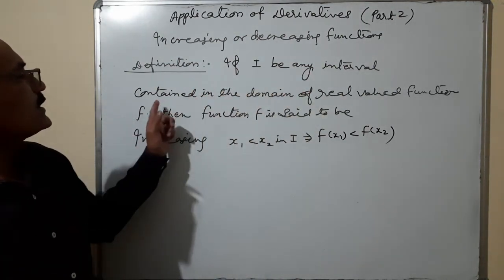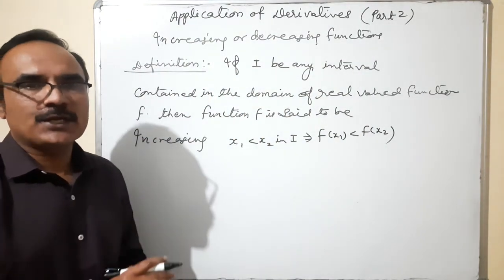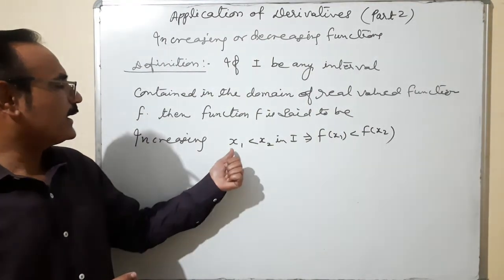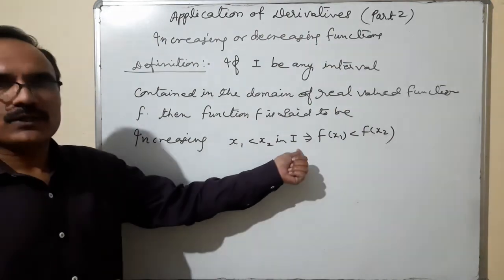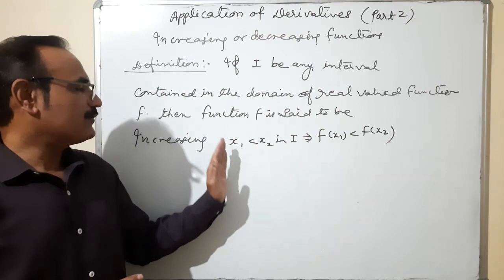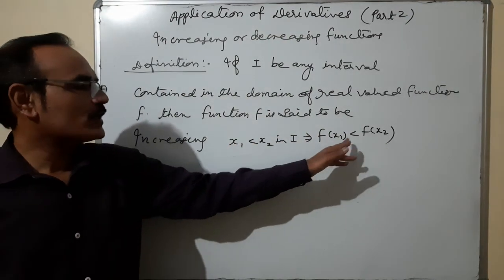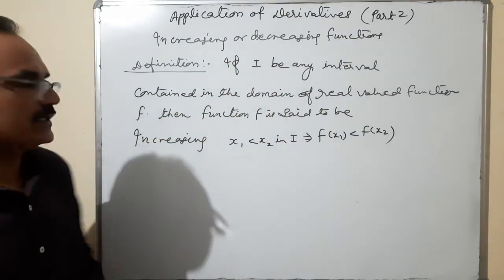I be any interval contained in the domain of the real valued function f, then f is said to be increasing when x1 is less than x2 in I. From this closed interval, we have taken x1, x2, any two elements, and if x1 is less than x2, then f of x1 is less than f of x2. What does it mean? The function is increasing.